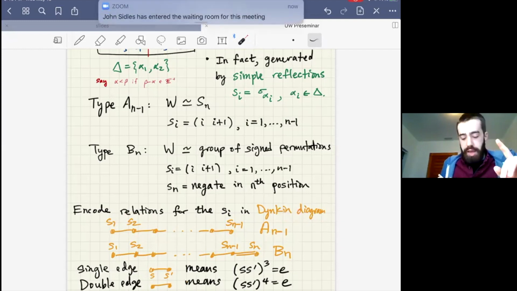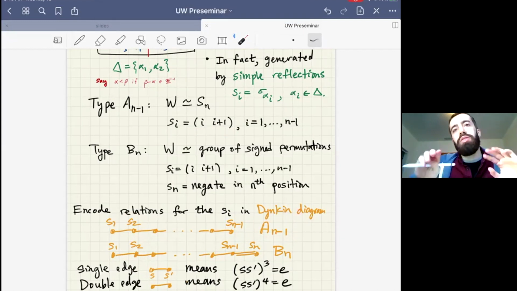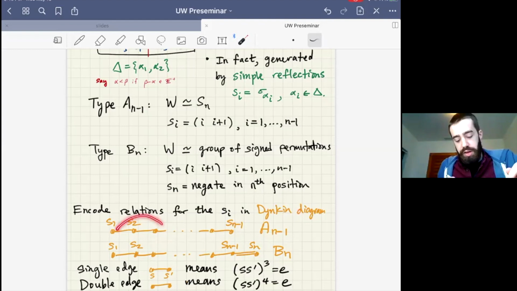So in the type A example, where my simple generators are adjacent transpositions in the symmetric group, notice if s_i and s_j, if i and j differ by more than one, then those will commute. That's why I don't have any edges between generators of non-adjacent index in this graph. This edge here tells me that there's going to be some relation between s_i and s_j, and the multiplicity of this edge tells me exactly what it's going to be.